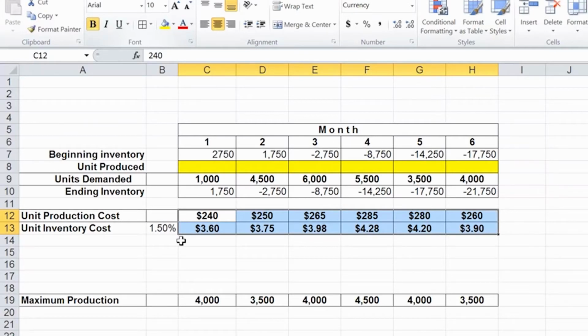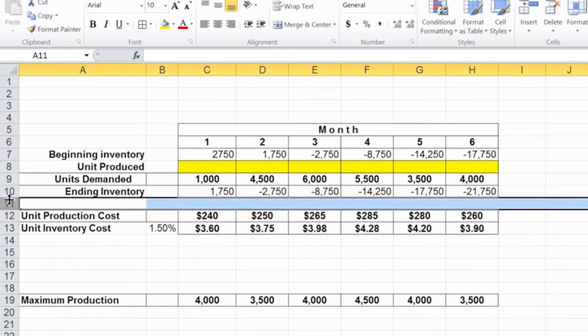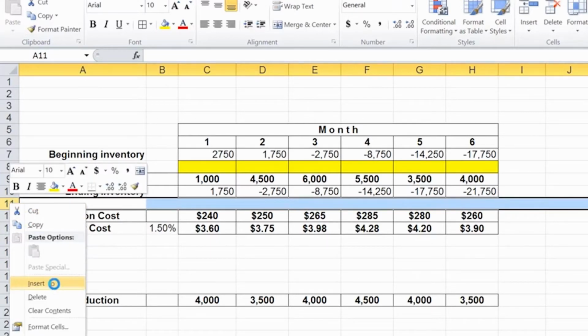Okay. Then I know in my objective function, I need to get the sum product of the production cost versus this unit produced. But I also need a row that represents the average inventory, so I can take the sum product. Okay, so what I'm going to do here, I would like to put that average inventory somewhere here, but let's just do it here first and then move it, if there is a better place for it to go. Insert.